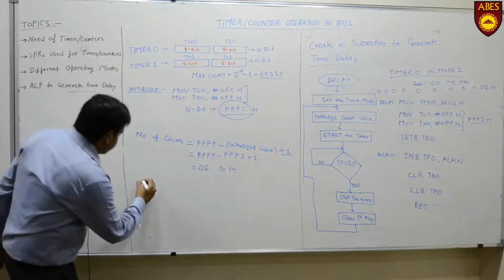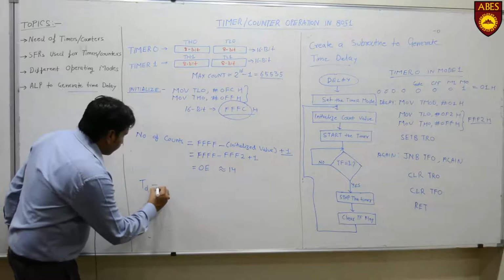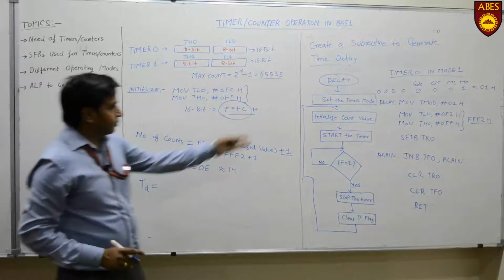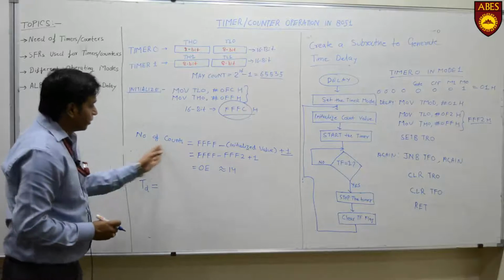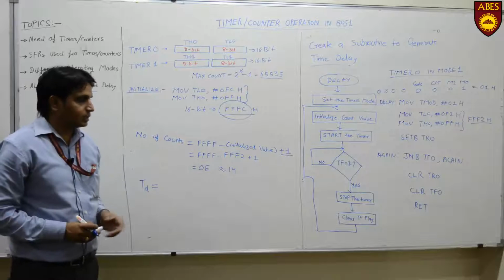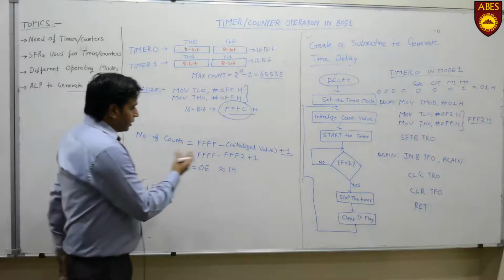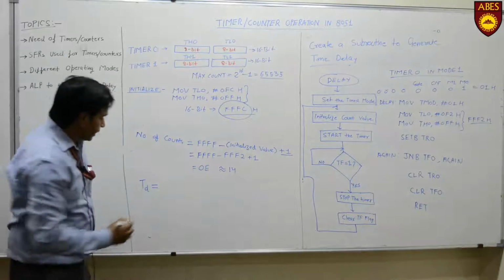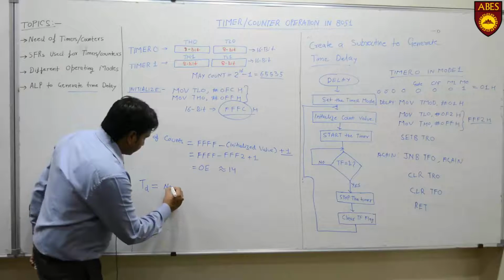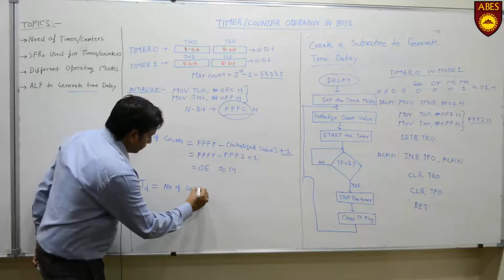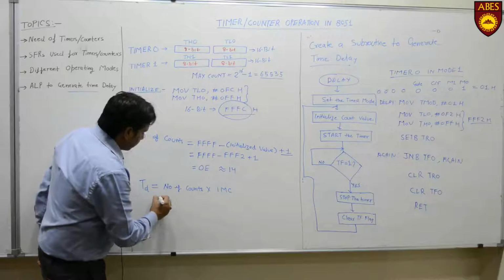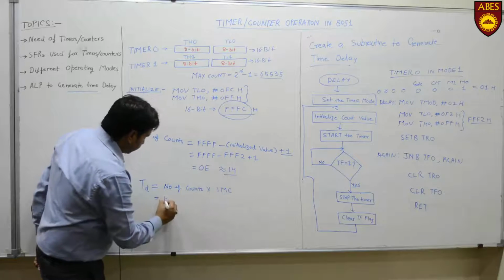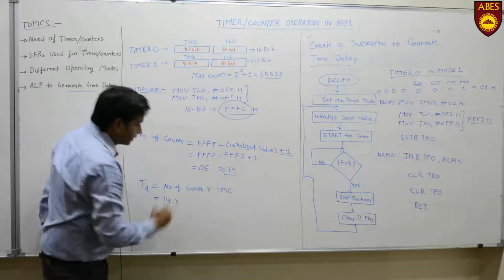Now to calculate the time delay, we can see from this flow chart that the time delay provided by the timer will be the number of counts multiplied by 1 machine cycle, because during 1 count the timer consumes 1 machine cycle. So the number of counts we found is 14, multiplied by the machine cycle.